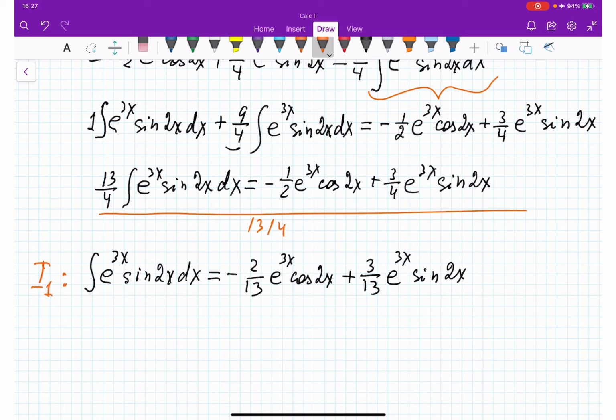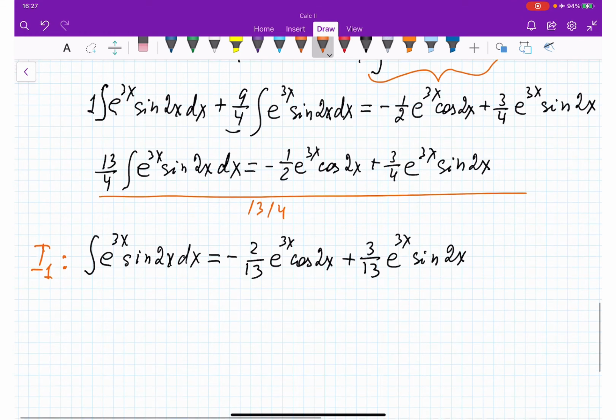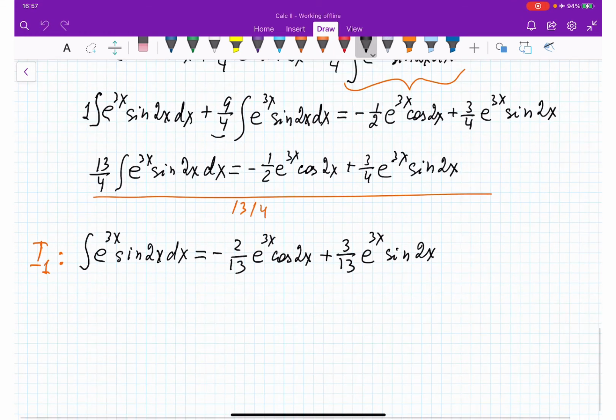Okay, now next moving to solve I2. Okay, now let's solve I2. For I2, we have integral e to power 3x cosine 2x dx. Let's do substitution.